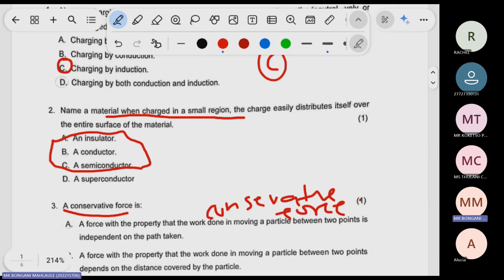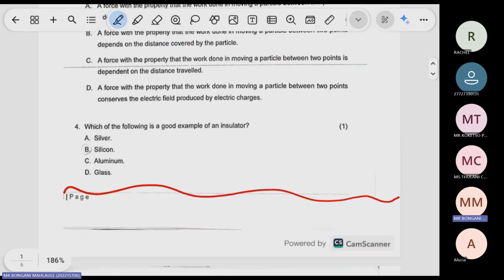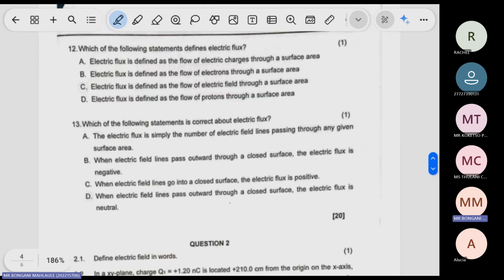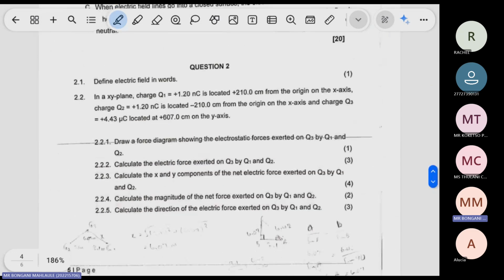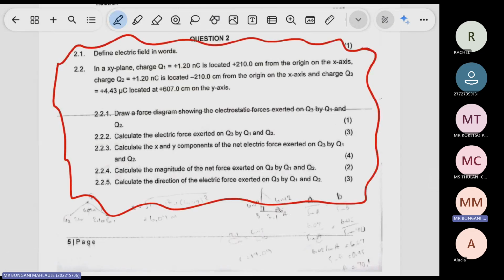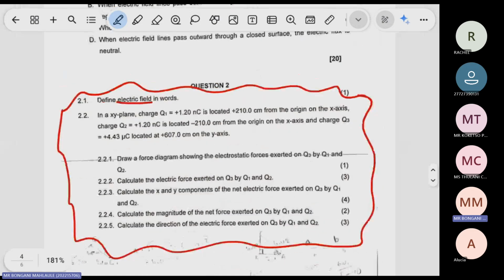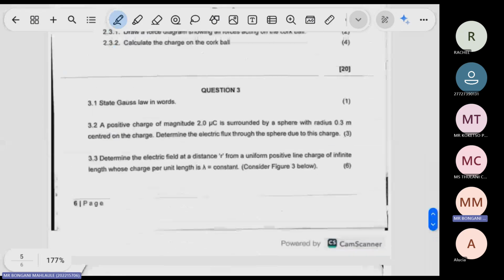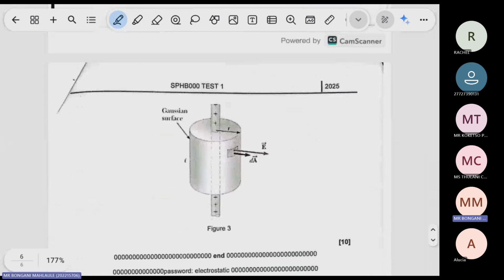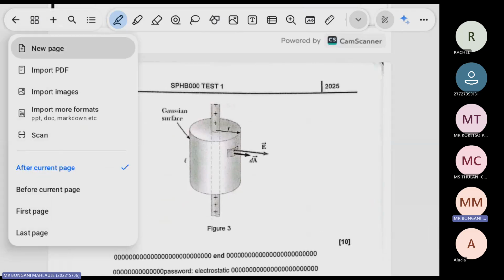Hello guys, let's answer these questions quickly. I want us to also do these examples down here. Let me see this part. Electric field, the definition we just wrote it. Actually, we can just do the whole correction of this, just that I don't know if you guys here are busy or what.